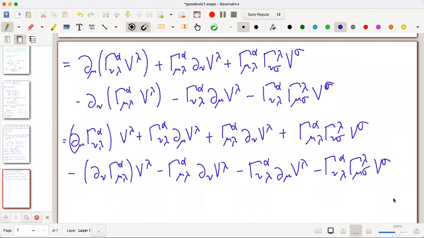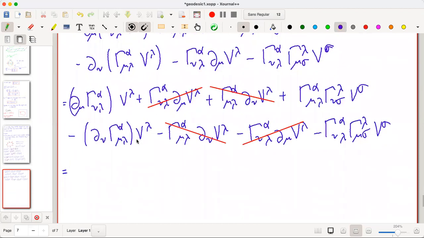See, is there anything we can cancel? I think yes, we can. You see here we have gamma alpha nu lambda times partial mu v lambda. This is precisely that one. Okay, we can cancel this. And also we can cancel that. Yeah, this is precisely that one. Okay, so it reduces our equation into only this one.